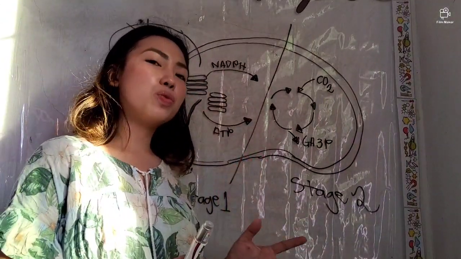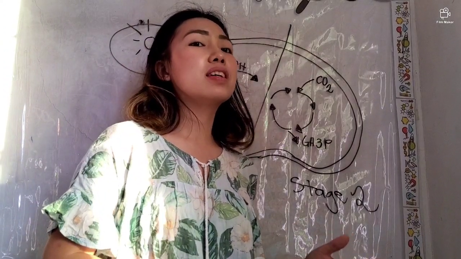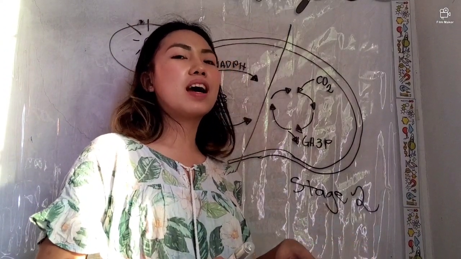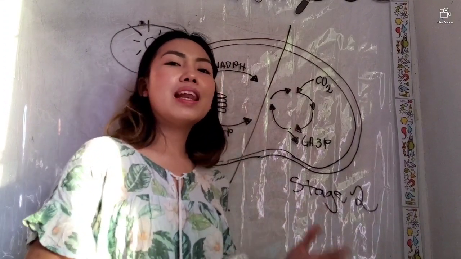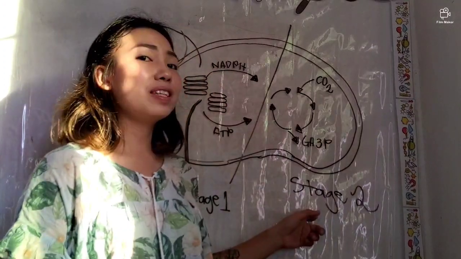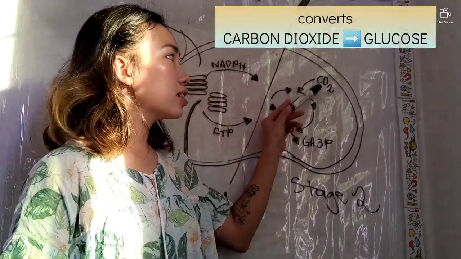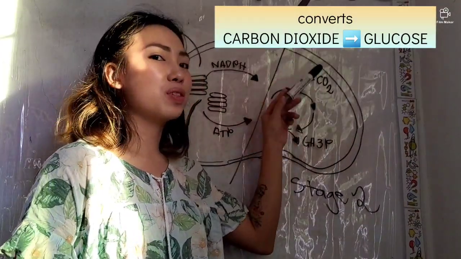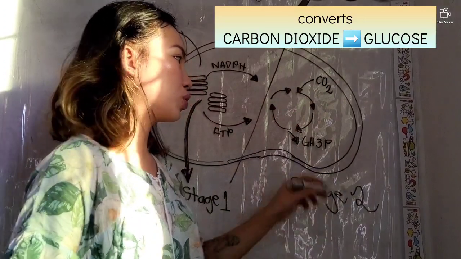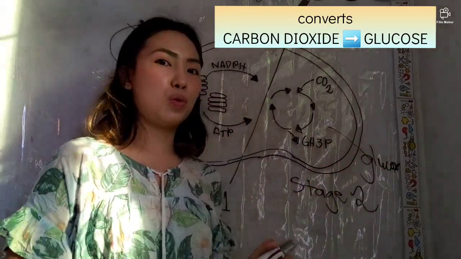For stage 2 or light independent, when we say independent, meaning hindi niya kinakailangan ng light. Kaya nga, pwede siya sa gabi, pwede siya sa araw. Now, in the light independent stage or the Calvin cycle, it converts CO2 or carbon dioxide to make glucose, para makapag-produce ng glucose.